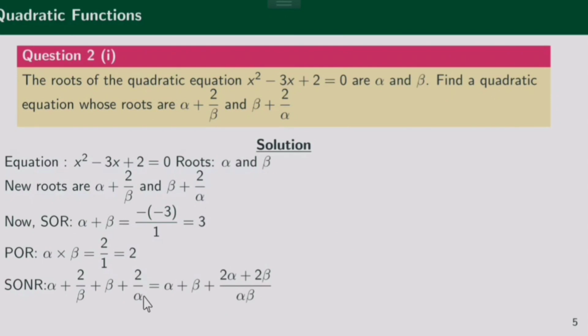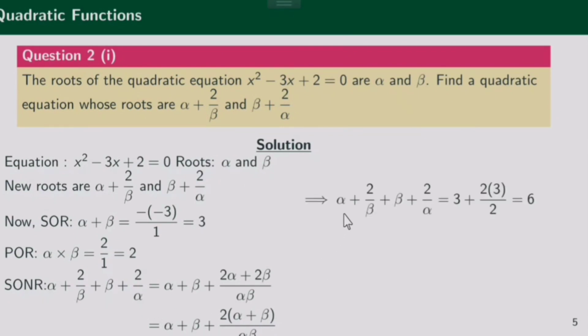Alpha beta divided by alpha times 2, 2 beta. The next thing to do here is that 2 is common to the numerator. If I factor out 2, I'll be left with alpha plus beta divided by alpha beta. And of course, I know the value of alpha plus beta as 3, and the value of alpha times beta is 2. So I'll just plug in those values, and I'll have the sum of the new roots. When I plug in the values, this is what I get. I'll have this 3.